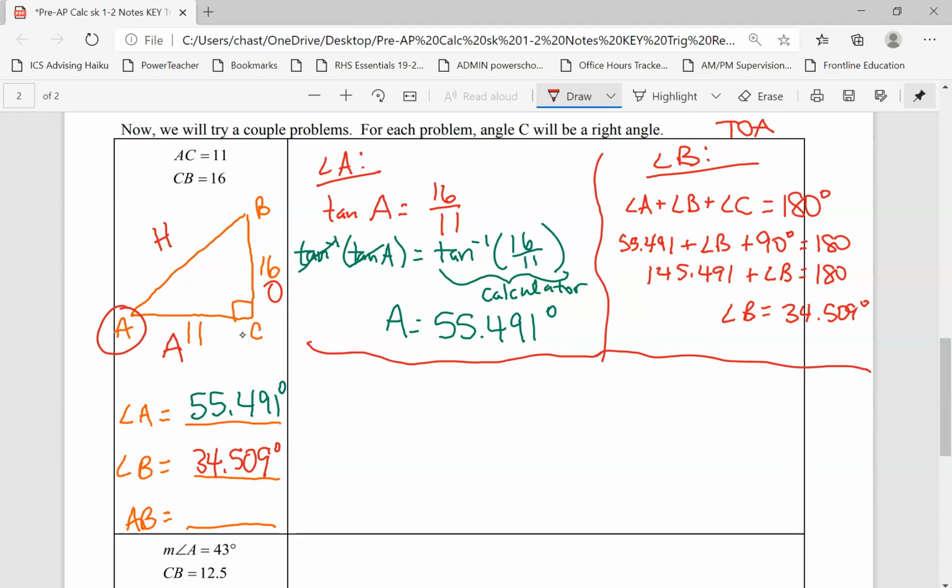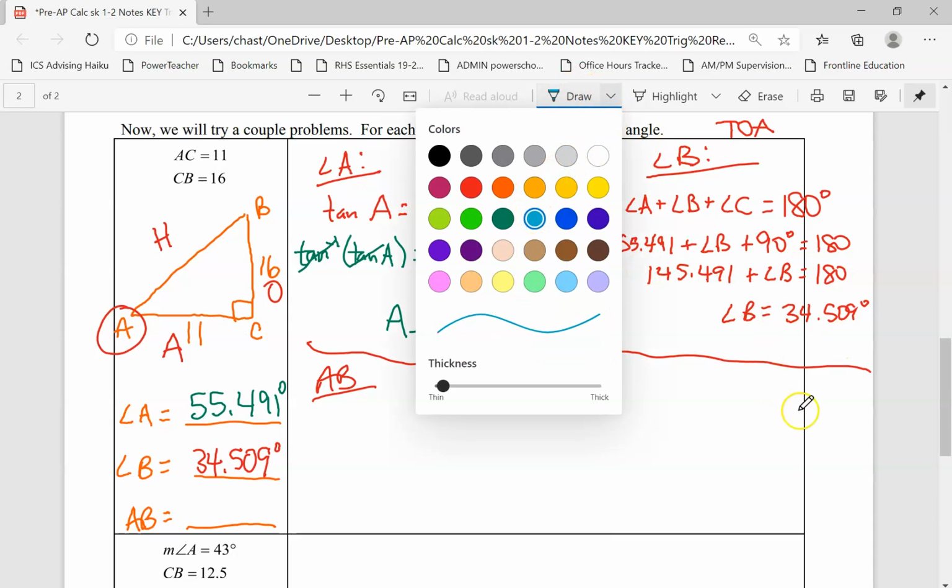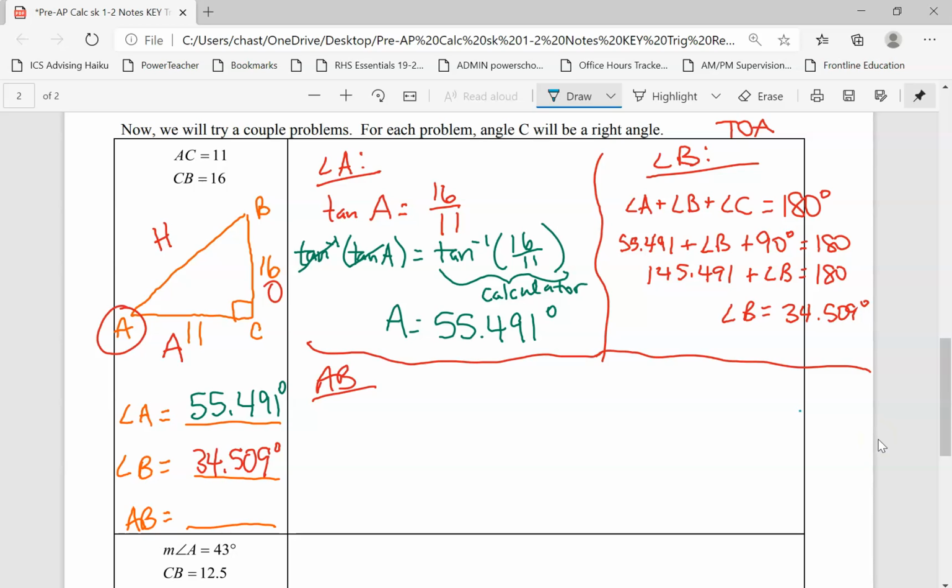All right, the last thing we have to do is find segment AB. To find segment AB, you can use the Pythagorean theorem or you can use a trig ratio. I think for the purpose of this one, since I'm trying to teach you trigonometry right now, I'm going to use a trig function. We want to know the side length AB.